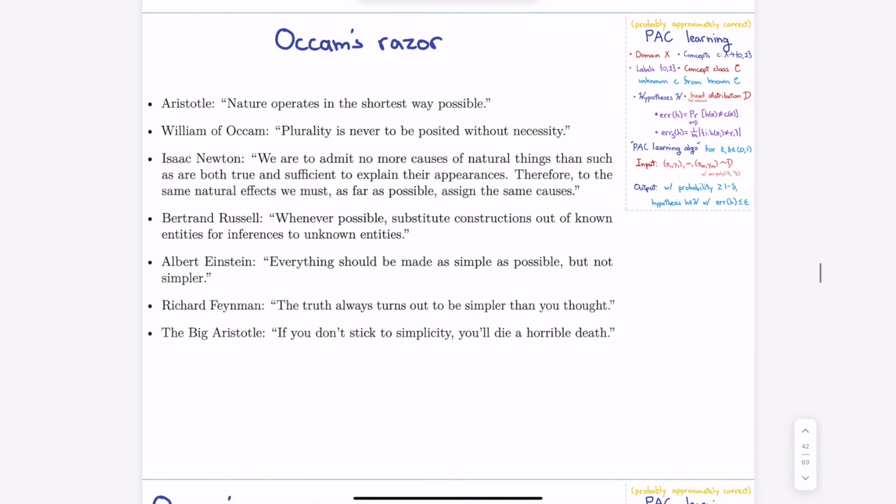And our ranges, okay. So for every hypothesis, I can look at this shape, which consists of all input points and the label that the hypothesis assigns. All input points and its label.